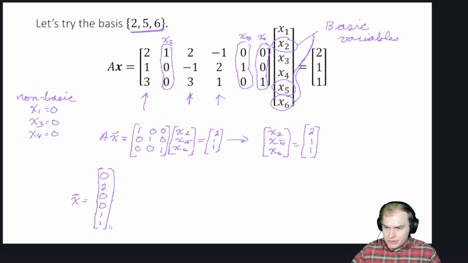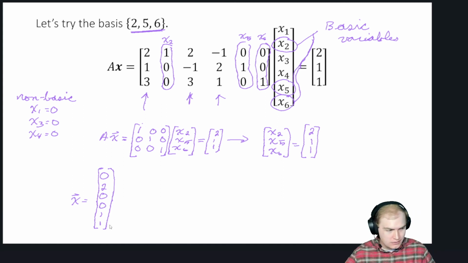And right now, it's not clear why this corresponds to an extreme point of our feasible region. But it's important that we discover in the next few lectures that it does correspond to an extreme point.